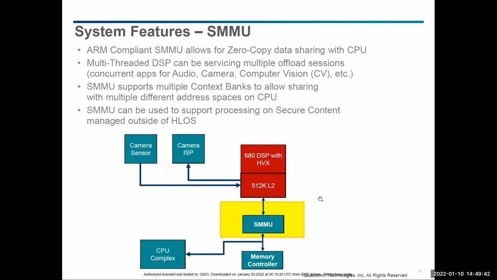The next system level feature that I want to talk about is called SMMU, which stands for Shared Memory Mapping Unit. So for Hexagon DSP, there is a shared memory mapping unit, which allows for zero copy data sharing with the CPU.